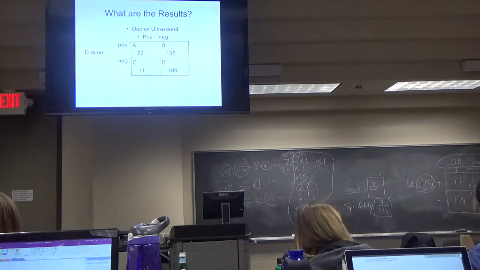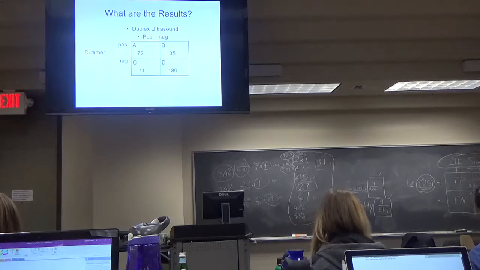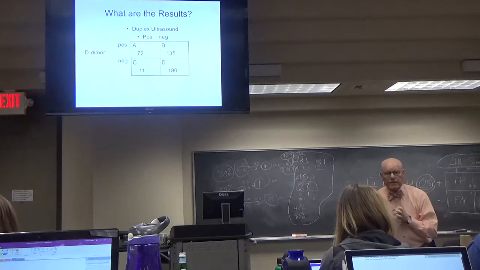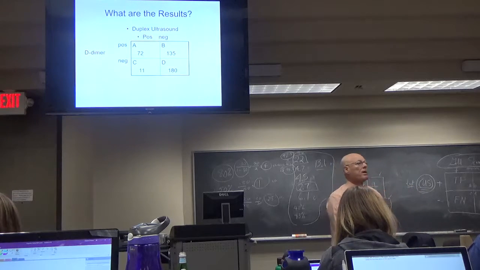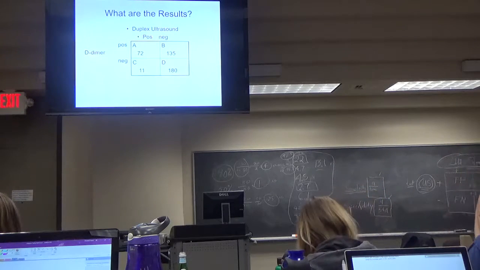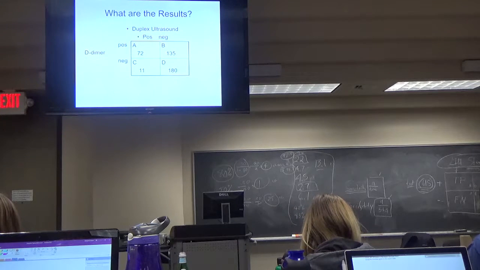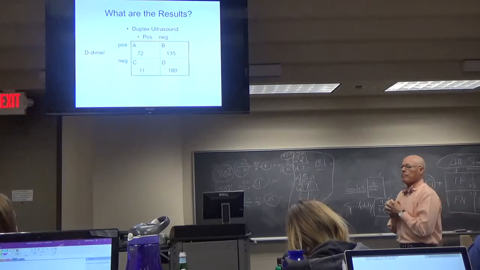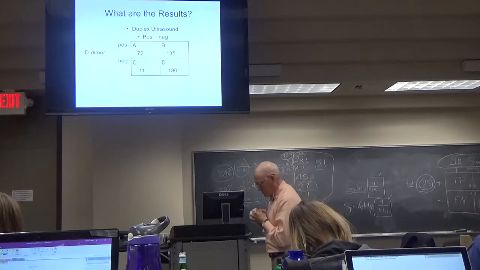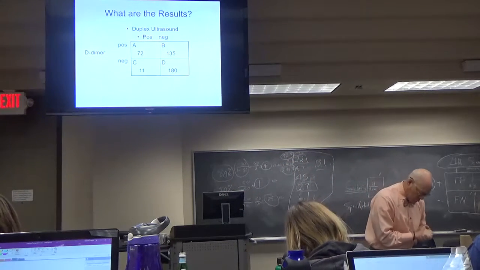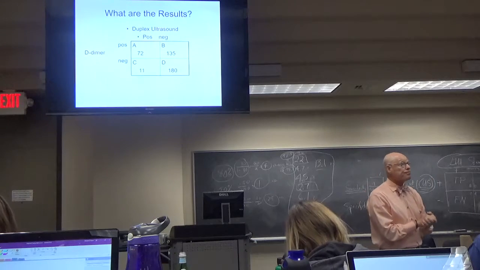Anybody? 87%. What is the specificity of the D-dimer? 57%. What's the likelihood ratio positive for the D-dimer? Two.